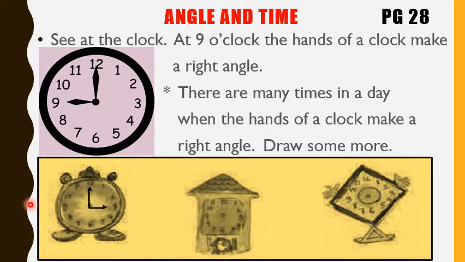In the first clock at 3 o'clock, in the second clock at 4 hours 5 minutes, and in the third clock at 5 hours 10 minutes. The angle formed between two hands, the hour hand and the minute hand, is a right angle.